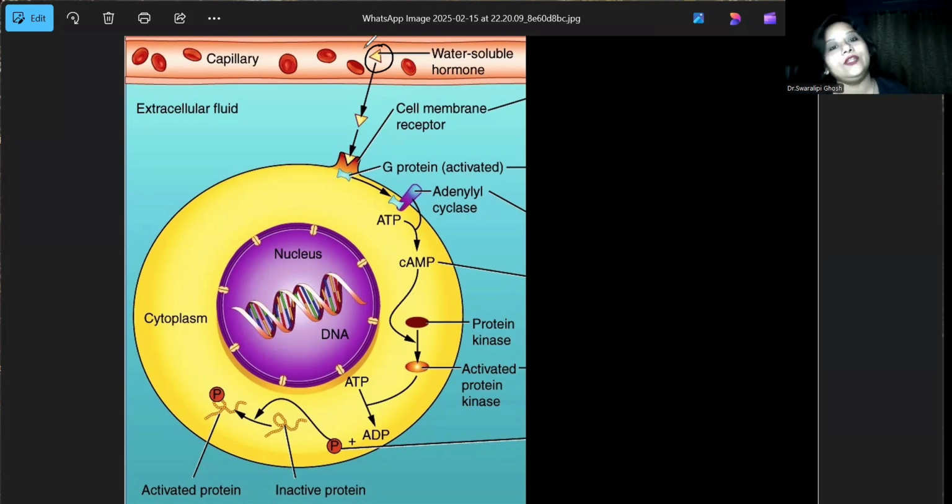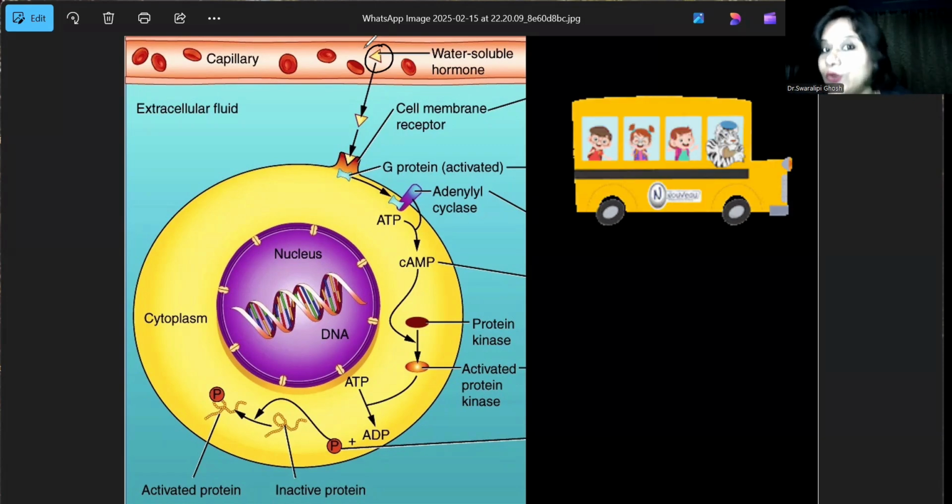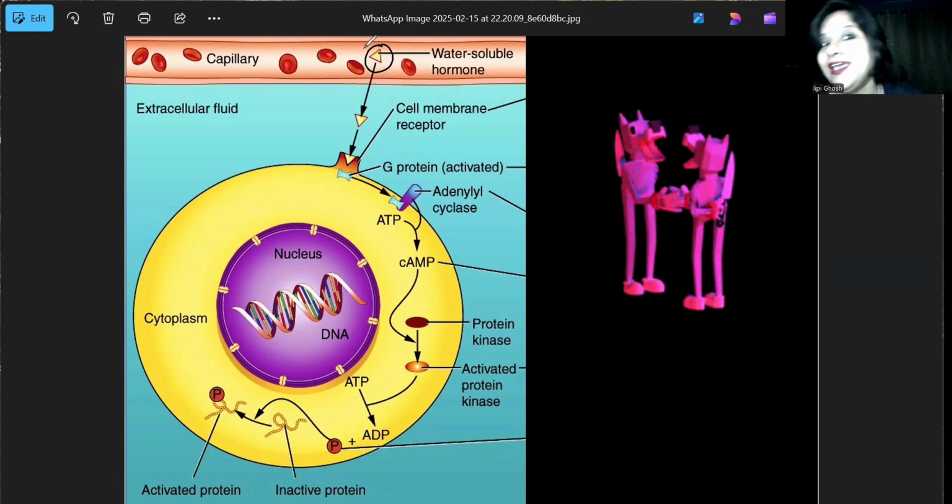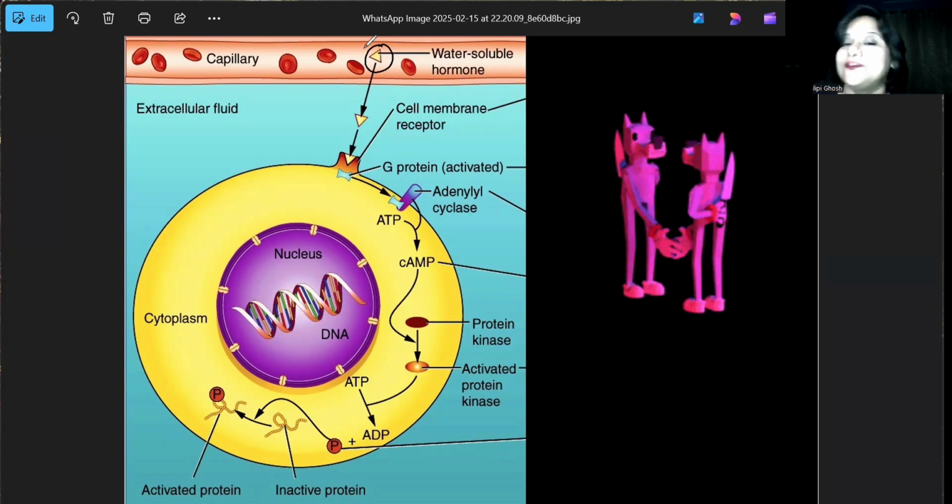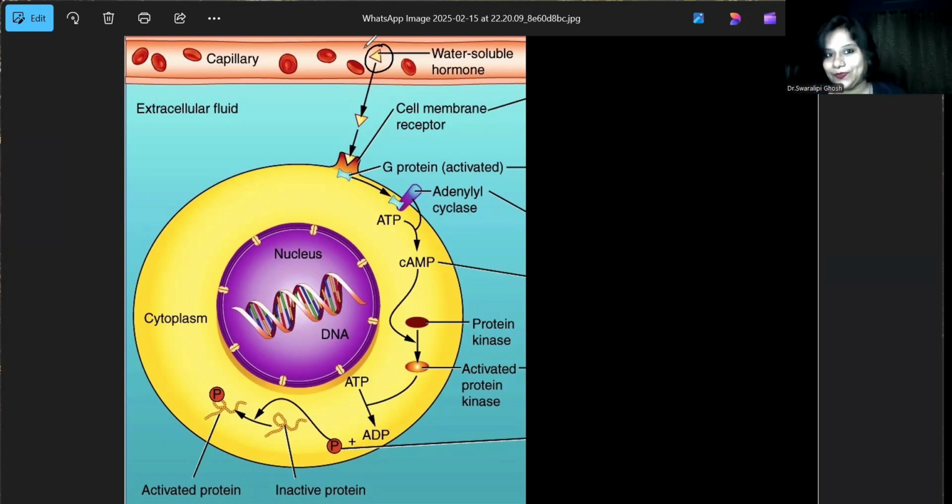Just like when you have boarded the bus to go to your school, you know that when your destination has arrived, when your school has arrived, you know where to get down from the bus so that you can go to the school. Similarly, hormones identify a cell with the help of specific receptors. Fine.